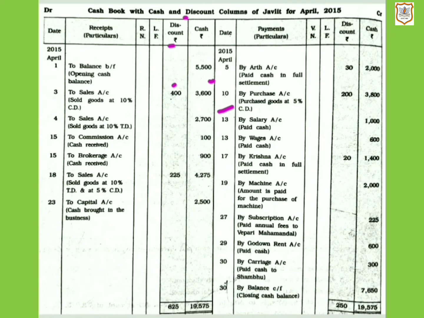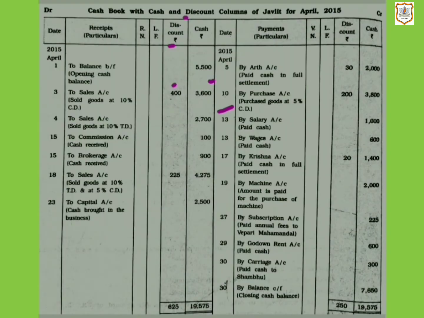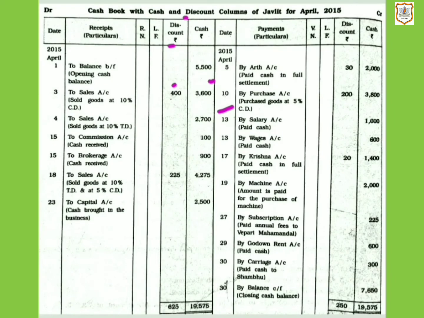Then transaction number 5th. Cash of rupees 2,000 paid to Earth in full settlement of his account of rupees 2,030. Here point of allowance is there, which is identical to cash discount. See, many times businessman pays less amount or receives less amount at the time of final settlement.